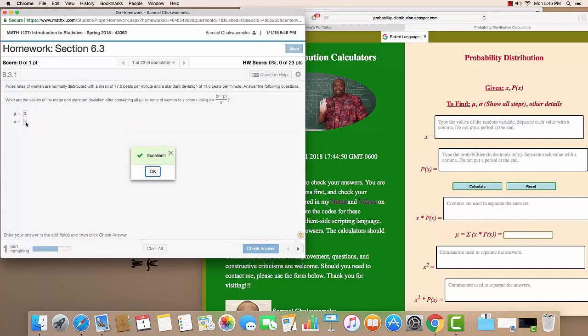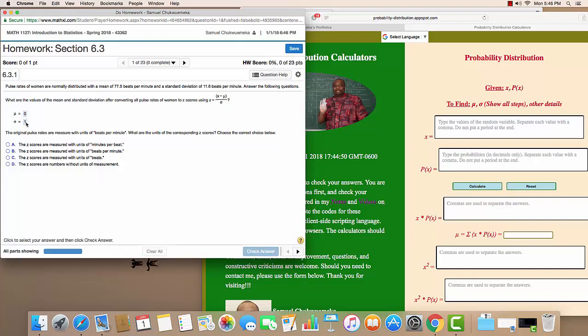So the original pulse rates are measured with units of beats per minute. What are the units of the corresponding z-scores? Z-score has no units.